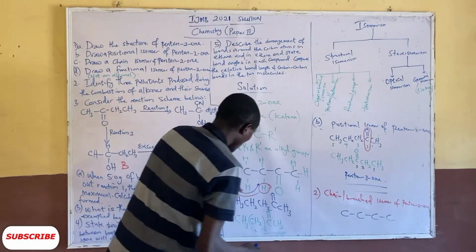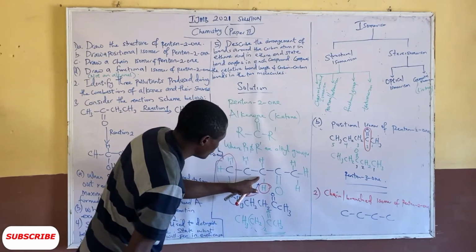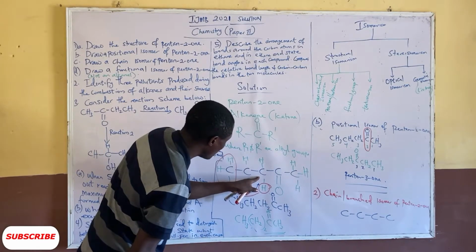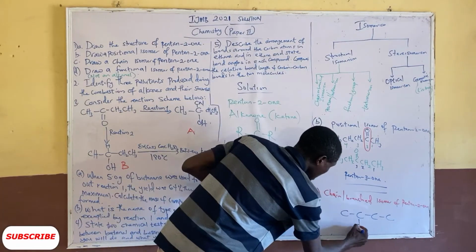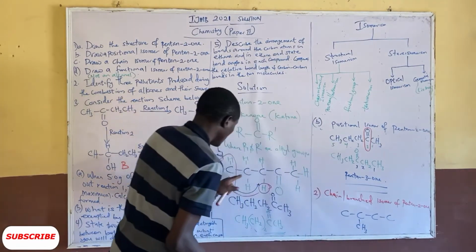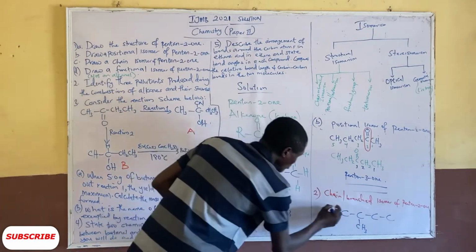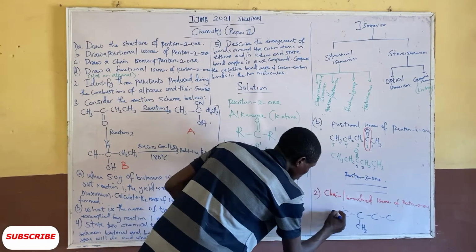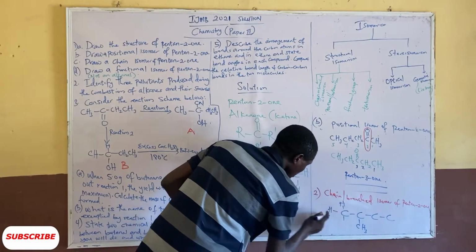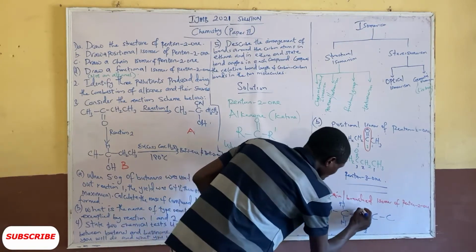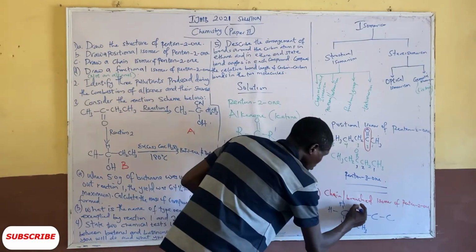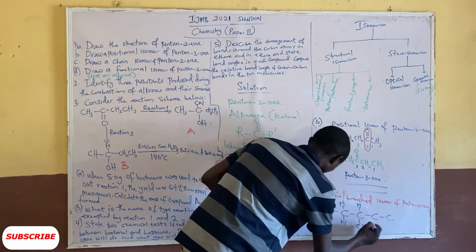So now we are on carbon 2, and we are going to have methyl on carbon 2. And hydrogen is coming back here, making that 1, 2, 3. So we are going to have 3 hydrogen here. Then the methyl has been replaced with hydrogen here. This one also has 1 hydrogen left.